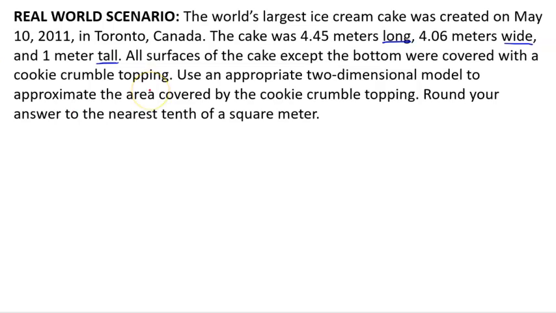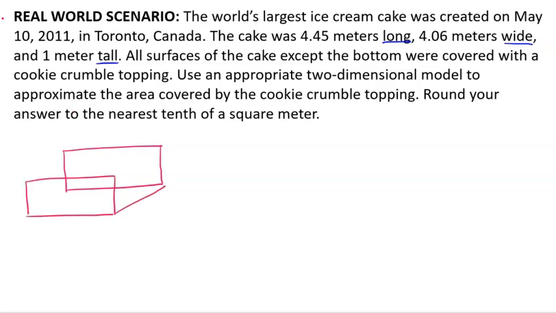So I'm going to go ahead and draw my cake, and it doesn't have to be perfect, but we're going to draw a rectangular prism. Okay, doesn't have to be super fancy, but we know kind of what it's going to look like, okay?